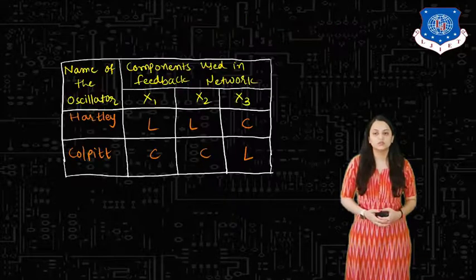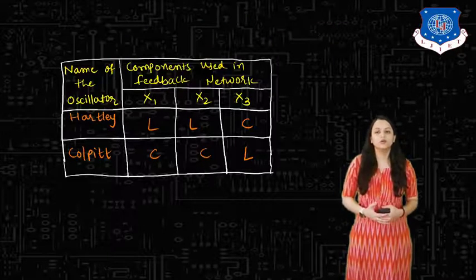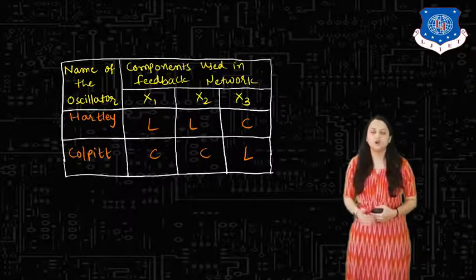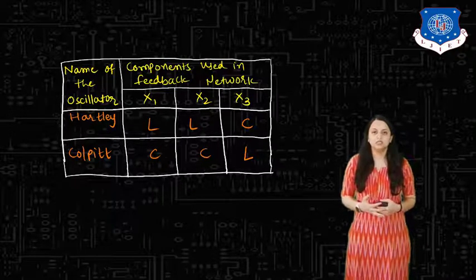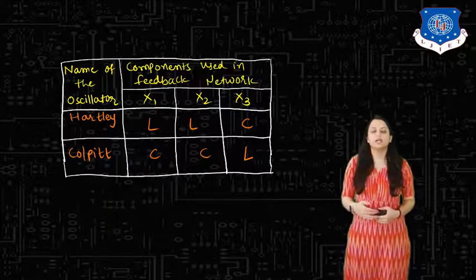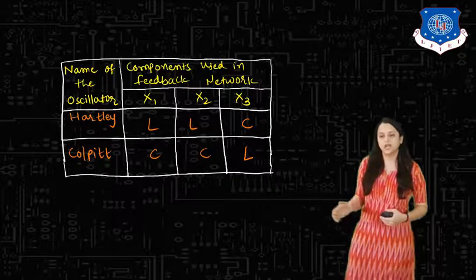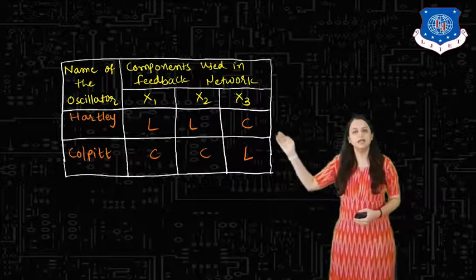So here we are going to see basically two oscillators, Hartley and Colpitts oscillators. According to the arrangement, there can be another one, Clapp oscillators also. But here we are targeting the two oscillators, Hartley and Colpitts.